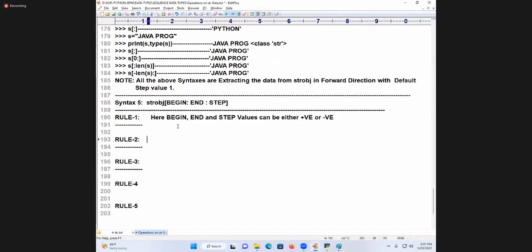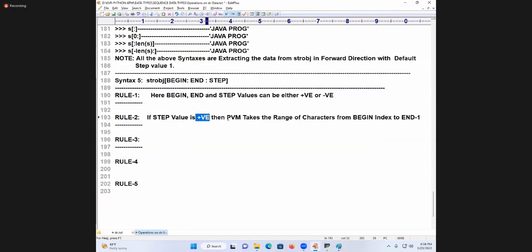So here I am writing it. If the step value is positive, then PVM takes the range of characters from begin index to end minus 1 index.